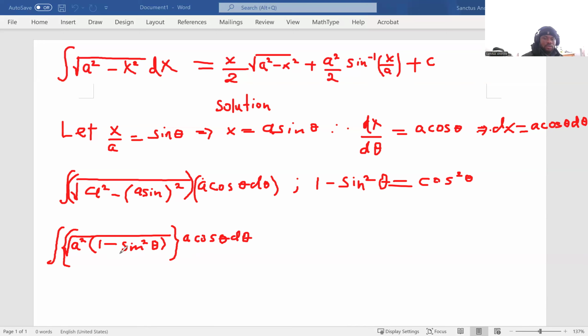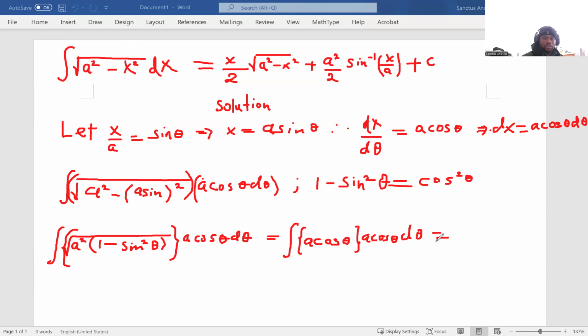So now what we have in the bracket is cos squared theta. So this will be the integral of, if we take the square root of a squared, we'll have a. If we take the square root of cos squared, we will have cos theta. Then we have a cos theta d theta.